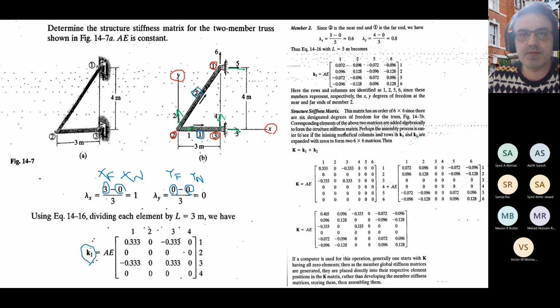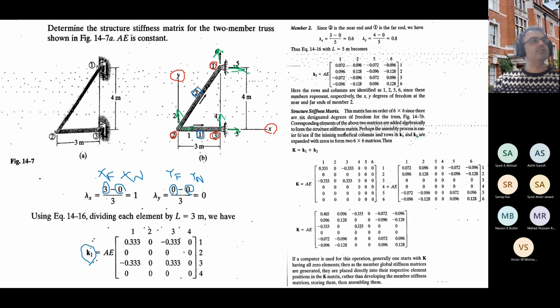So this degree of freedom is number 5, but you can name it delta 1x, because this is x. And this is number 6, which you can call delta 1y. So altogether we have 6 degrees of freedom.